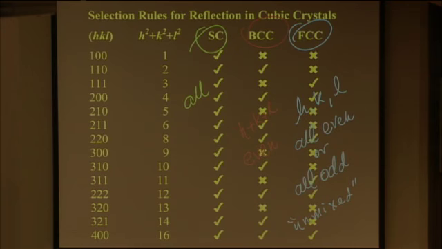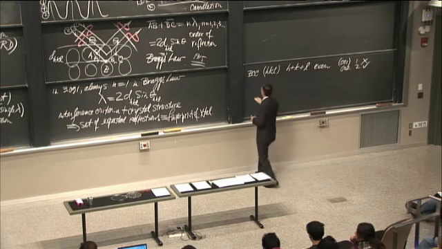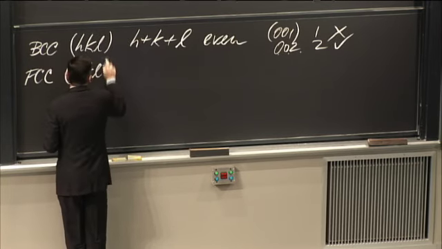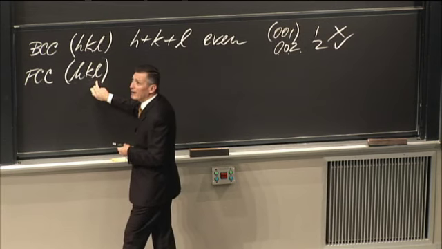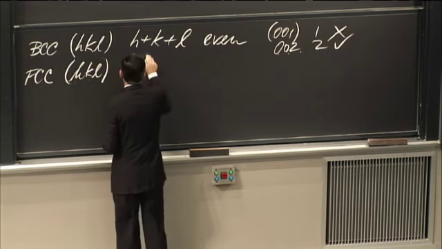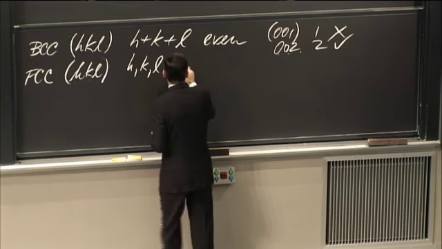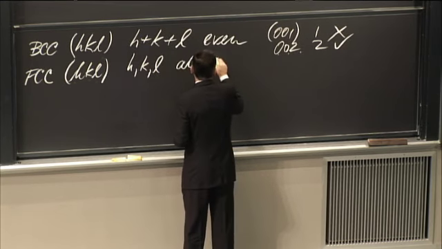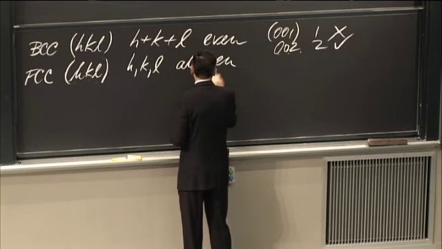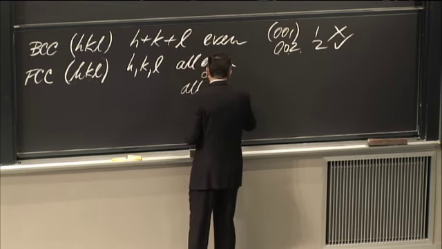And now in FCC, the selection rule is a little bit different. In FCC, you get reflection from planes when you write the HKL such that H, K, and L must be either all even numbers or all odd numbers.